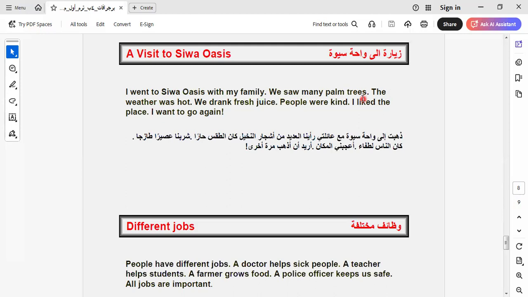These are the dates that come from Siwa. Siwa is famous for planting these dates, called Siwa dates. We saw many palm trees. The weather was hot. We drank fresh juice. People were kind. I liked the place. I want to go again.